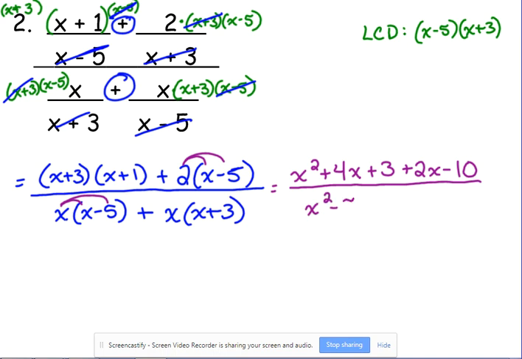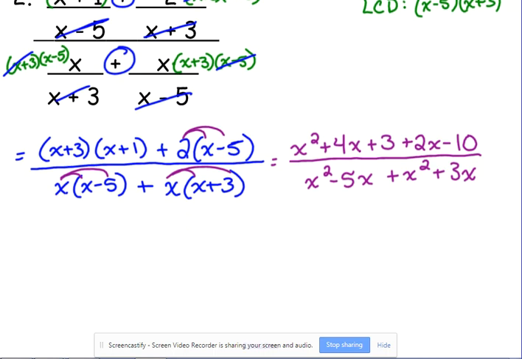X squared minus 5x plus x squared plus 3x. Now we combine like terms. X squared plus 6x minus 7 over 2x squared minus 2x.